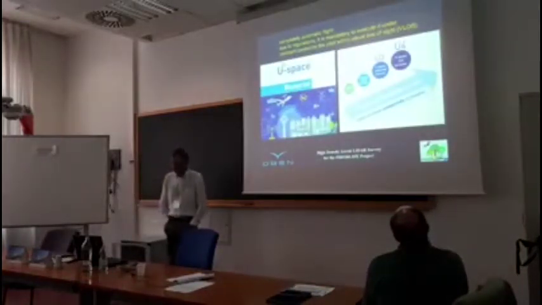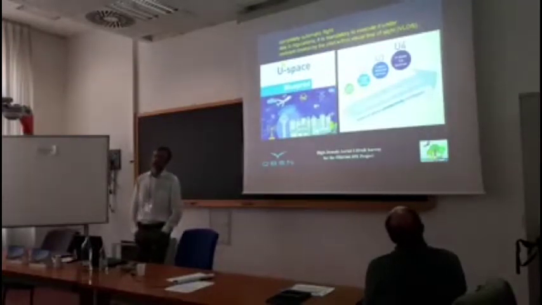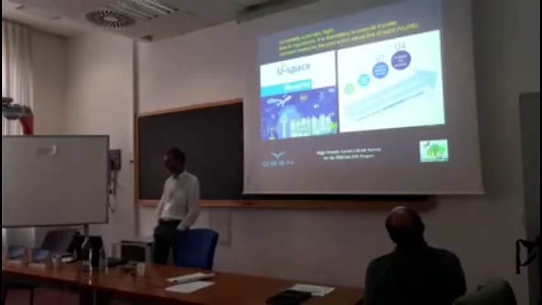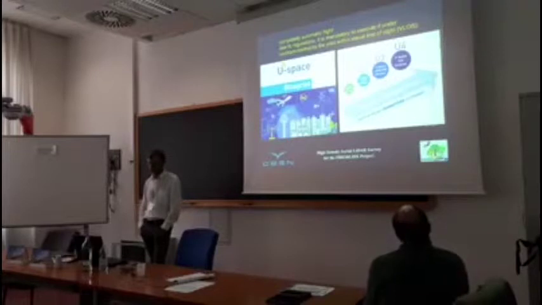What we are waiting for is the development of what is called U-Space, which is the European framework for flight of drones beyond visual line of sight. So a really completely automatic flight.